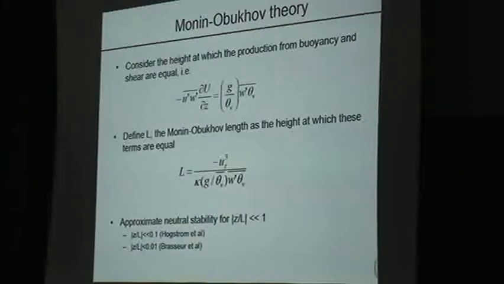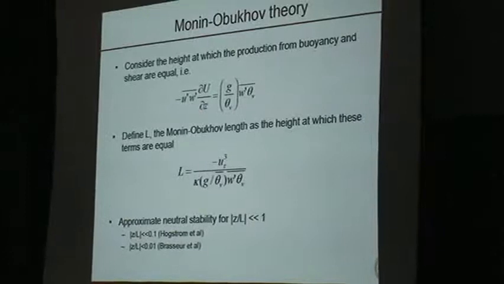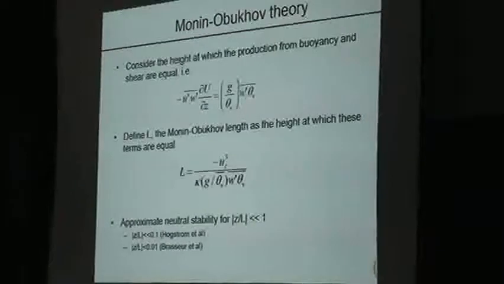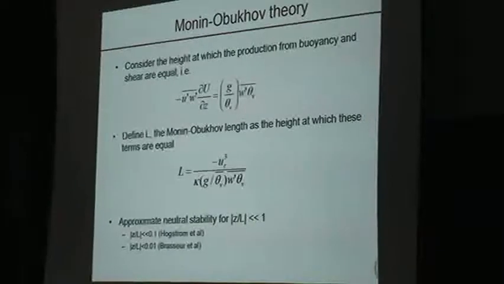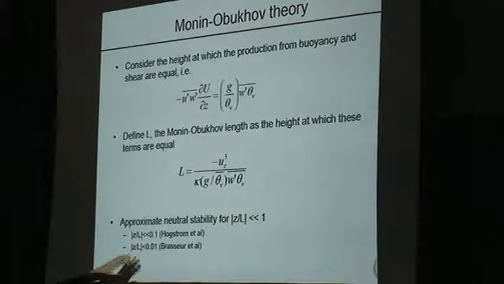If you're looking for trends, long sample times, you could probably get away with this condition. If you're really trying to make direct comparisons between what you find in the surface layer and the laboratory results, in which this is of course essentially 0, then you need to be very strict on that condition.